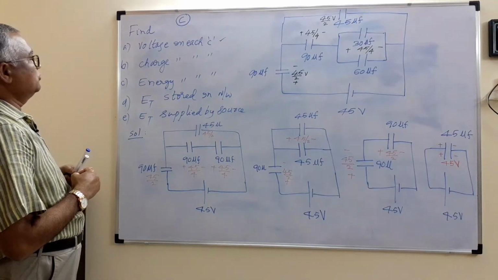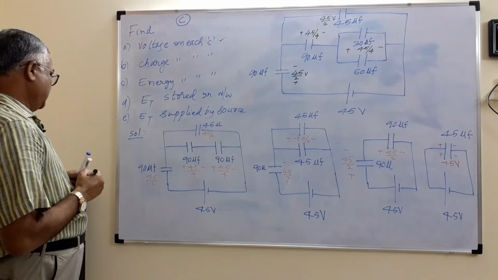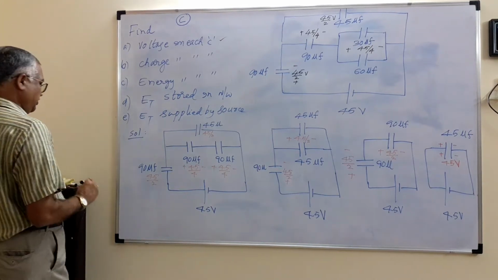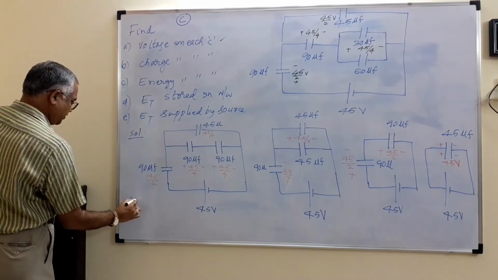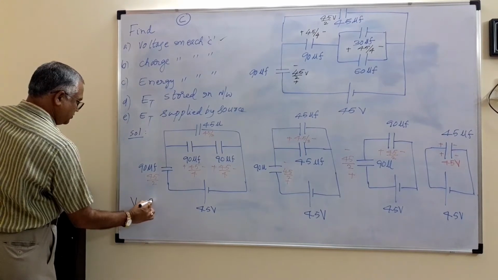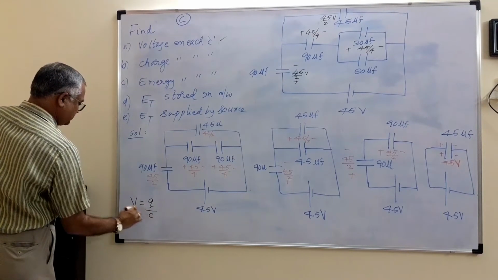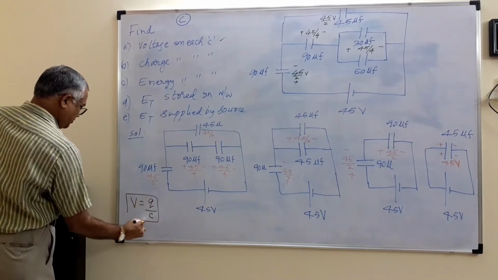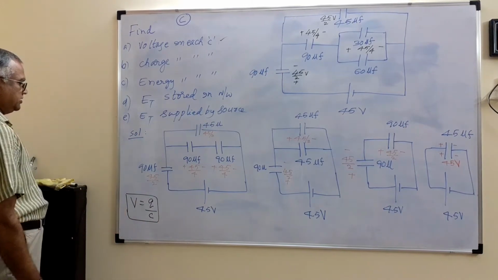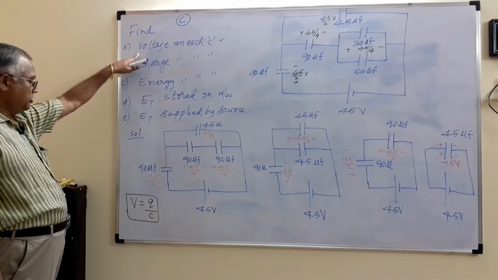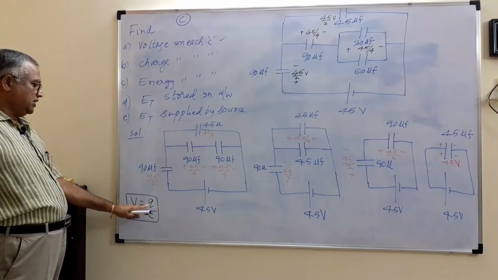From the voltage we have to find the charge. Remember, whenever we are dealing with a capacitor, what is the formula? V equal to Q by C. This formula you should not forget. Voltage we got it, now we have to find the charge.